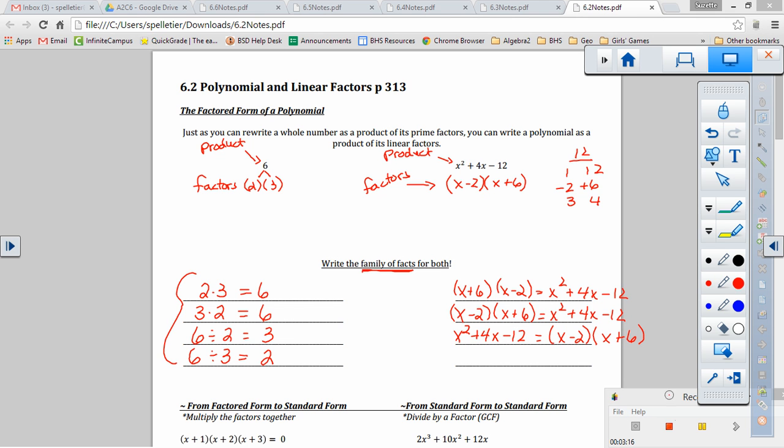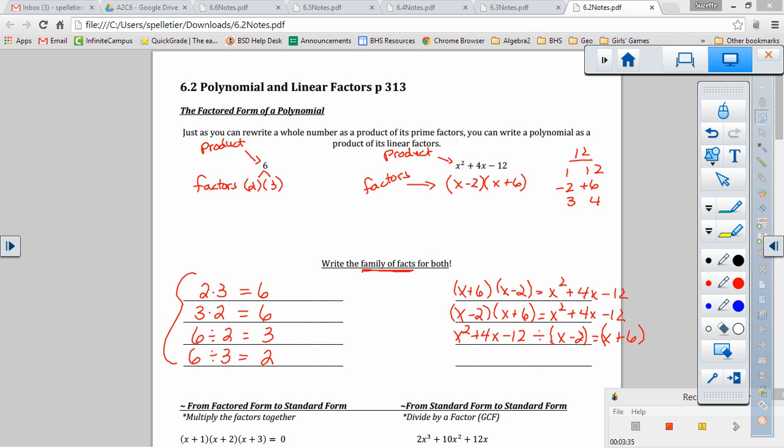Okay, so essentially if I take out this equal sign and maybe move my parentheses a little bit, I can say that if I did x squared plus 4x minus 12 divided by the first factor, it would give me the second factor.